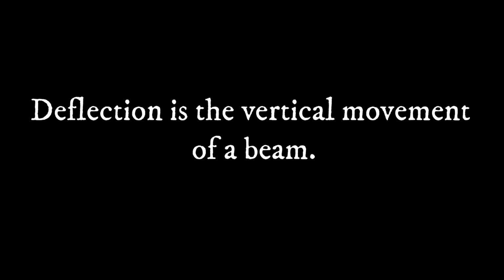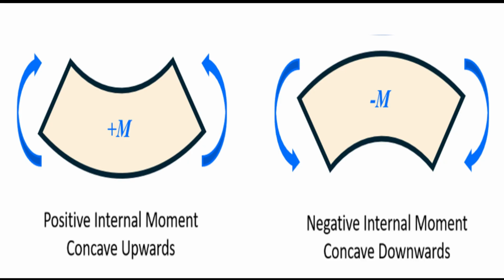Let's now look at deflection sign convention. Deflection is basically the vertical movement of a beam. Upwards deflection is taken as positive. Downwards deflection, which is the most common due to gravity or load, is taken as negative. Let's now look at slope and stress sign convention.